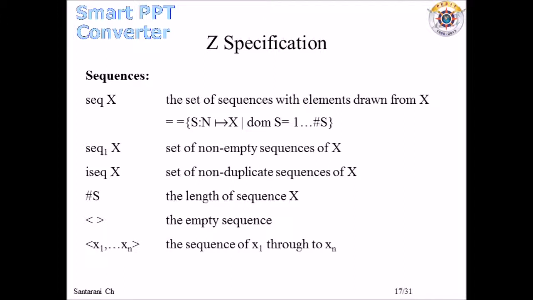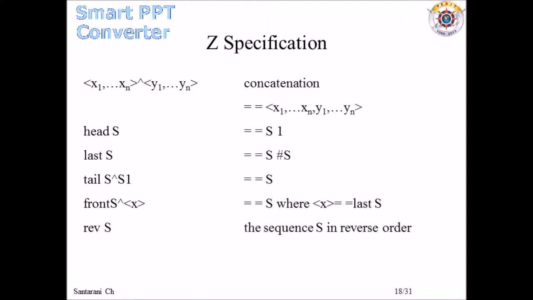Angle brackets with nothing inside denote the empty sequence, and angle brackets x1 to xn denote the sequence x1 through to xn. Angle brackets x1 to xn, then a concatenation symbol, then angle brackets y1 to yn means the concatenation. So this symbol means concatenation in the sequence relation.